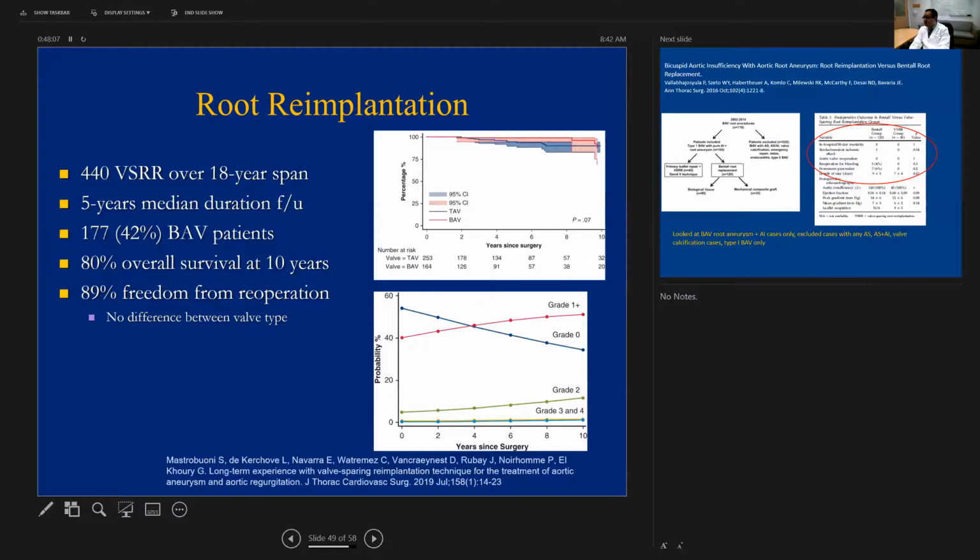And you can see their overall survival at 10 years was 80%, and very good freedom from reoperation at 10 years, 89%. But most importantly, what they showed is it didn't matter whether it was a 3-cuspid aortic valve or a bicuspid aortic valve. In good hands, at experienced centers, you can achieve equivalent outcomes with bicuspid or 3-cuspid aortic valves when performing the root reimplantation procedure.